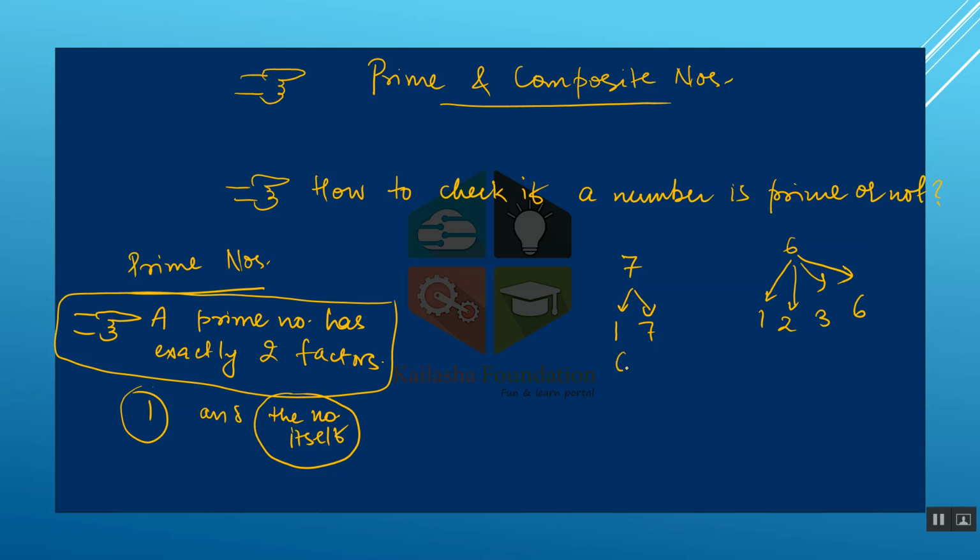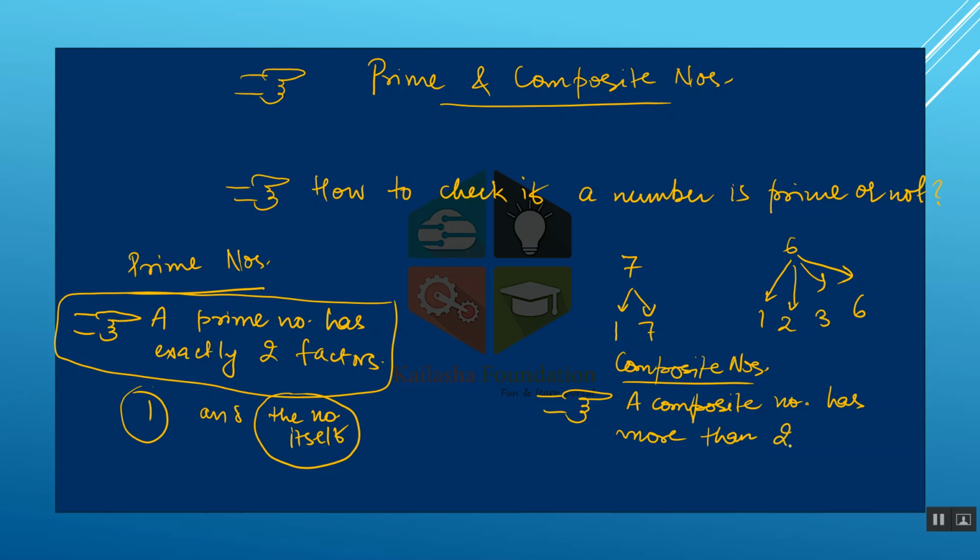What is the definition of composite numbers? A composite number has more than two factors. This is very important. More than two factors.